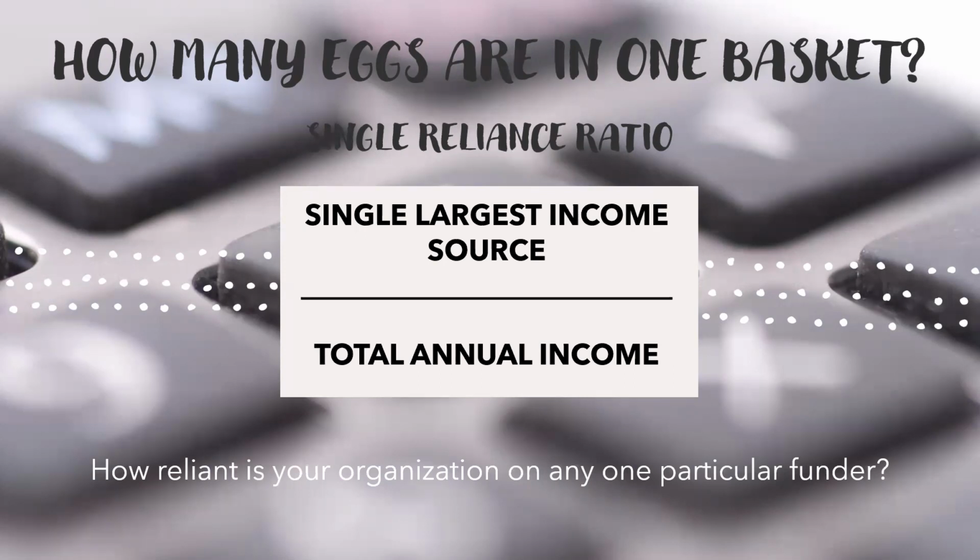So here's where we want to take, say, that grant budget where I said it could be one grant, it might be 12. Now we're going to look at the largest income source we have in any particular basket and divide that by our total annual income to see, our biggest individual funders, not just the categories now, but our individual funders, how reliant are we on any particular one?